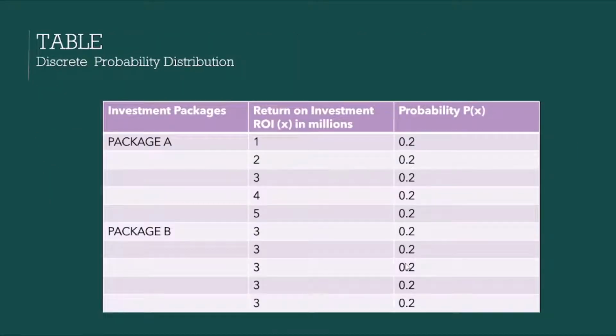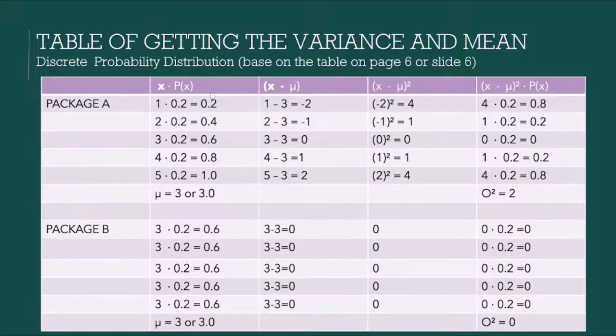Now this is the example table. We're going to base everything on this table, especially in getting the mean and the variance. Now, this is a way of getting the variance and the mean.